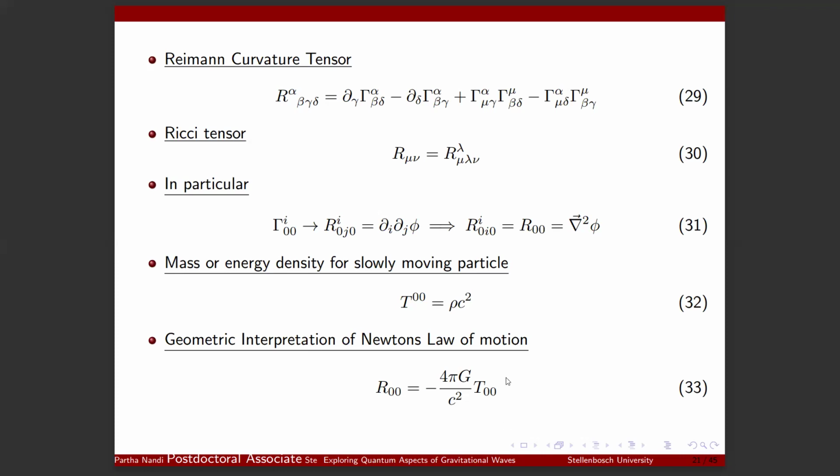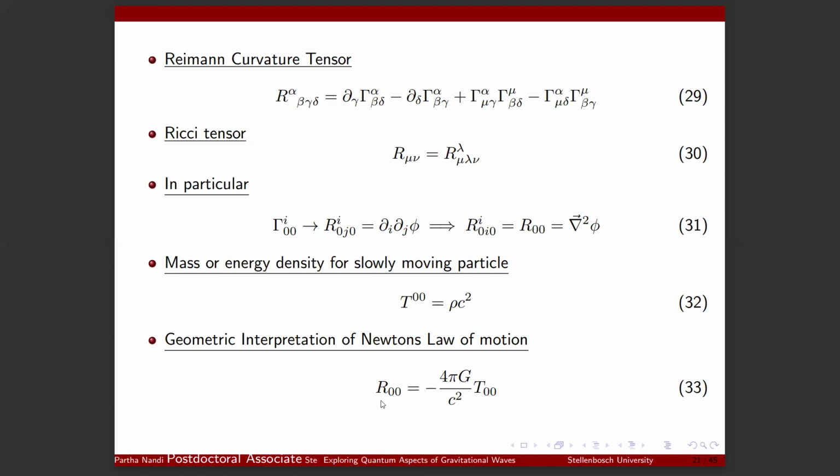These equations tell us that if you have this energy density, this will be the source of the space-time curvature component in terms of the Ricci tensor. Therefore, this indicates that one can reinterpret Newton's law of gravitation itself as a geometry of space-time which can emerge from some given energy density.